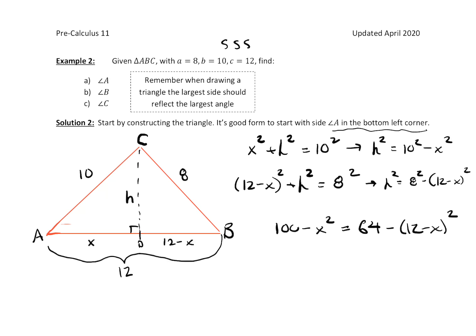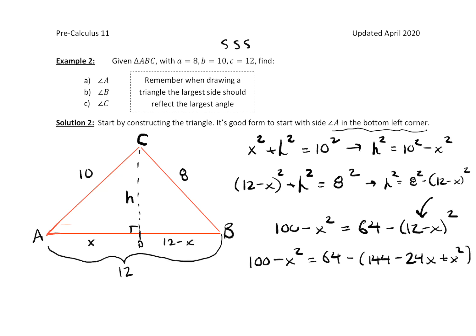So now we have to do a little bit of work. We've got to factor this thing out. Remember, this is 12 minus x times 12 minus x. So I'm going to shorthand that, and keep it in brackets so you don't forget to subtract everything. 12 times 12, so FOIL is 144. The 12x and the 12x are going to give me minus 24x, and then the negative x times the negative x gives me plus x squared.